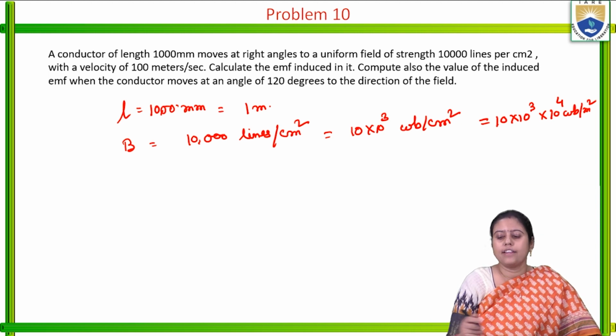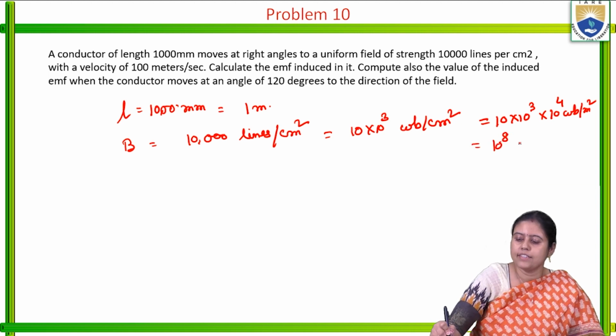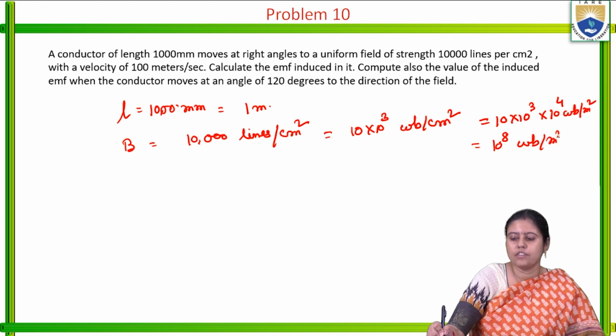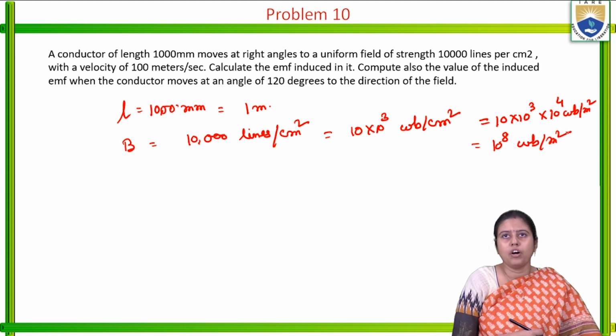So we can write 10 to the power 8 Weber per meter square. So we got the value of B.